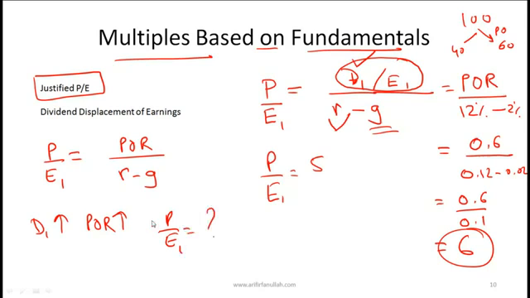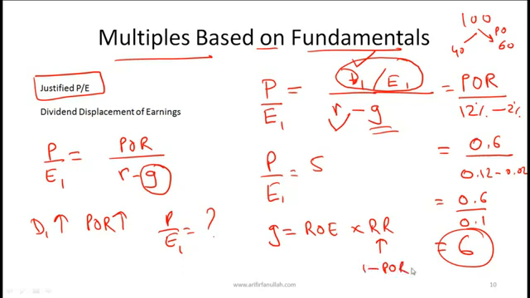You might quickly be prompted to simply look at the numerator and say that if our payout ratio is going up, then the PE ratio will go up. But that would be missing a point. We also have the growth rate in the denominator, and if you recall from our last segment, growth rate is equal to ROE multiplied by the retention ratio, and retention ratio is nothing but 1 minus the payout ratio.